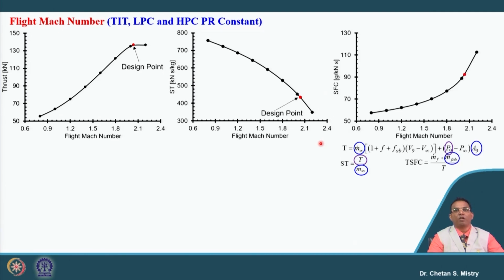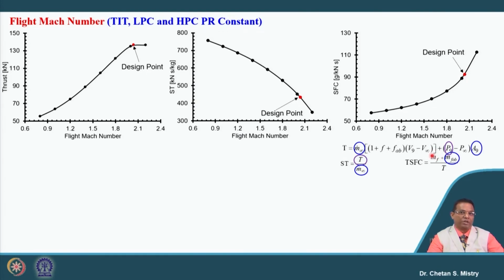Now, in terms of specific fuel consumption, with the increase of our flight Mach number, the specific fuel consumption will be increasing. The reason is that in order to achieve this higher speed, a higher amount of fuel needs to be added.